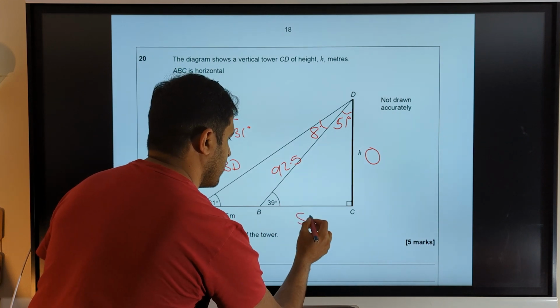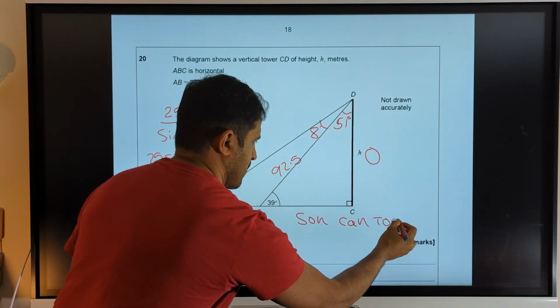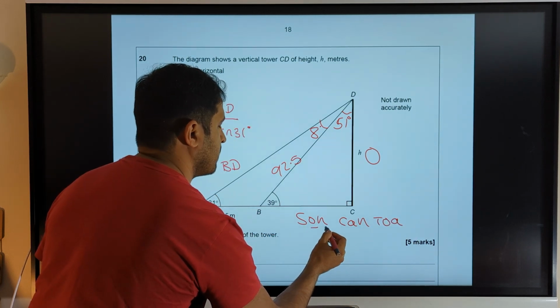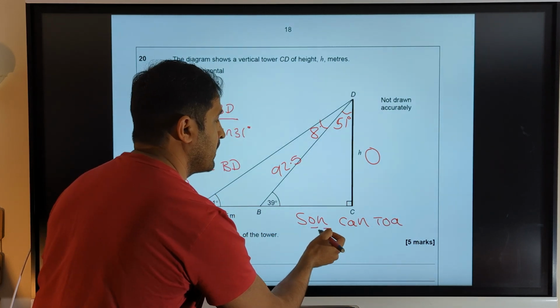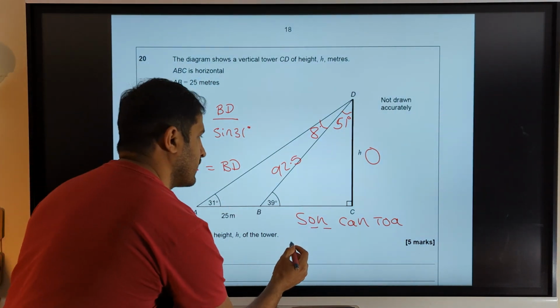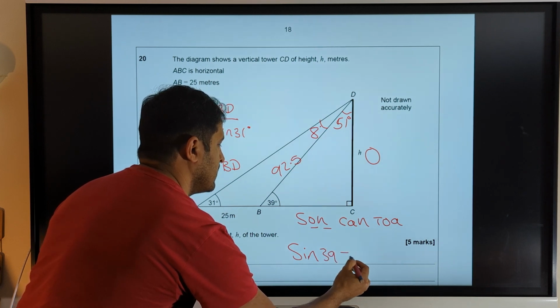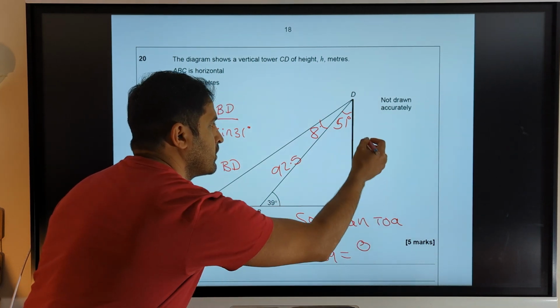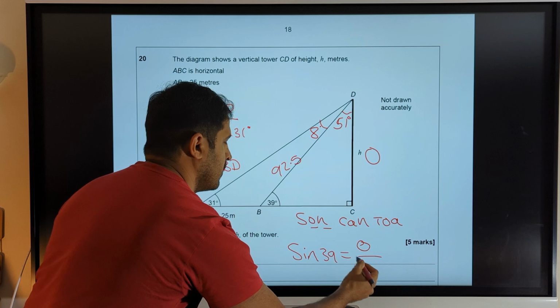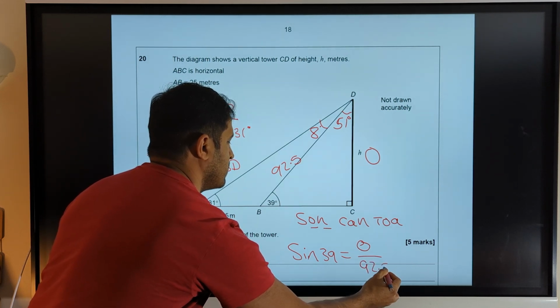Okay, so we know the hypotenuse, and we need to work out the opposite. Okay, so we say sine 39 is equal to opposite, that's what we're trying to work out, that h, over hypotenuse, which is 92.5.